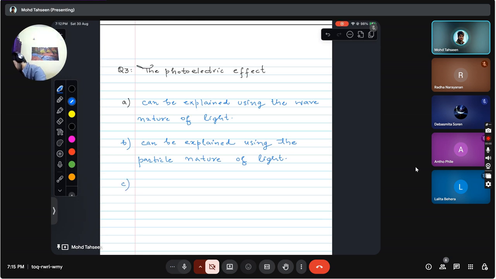Option C, can be explained using the particle nature of electrons.